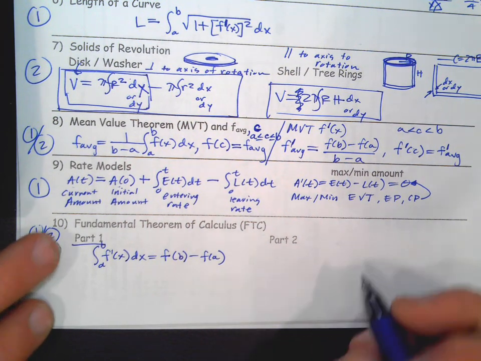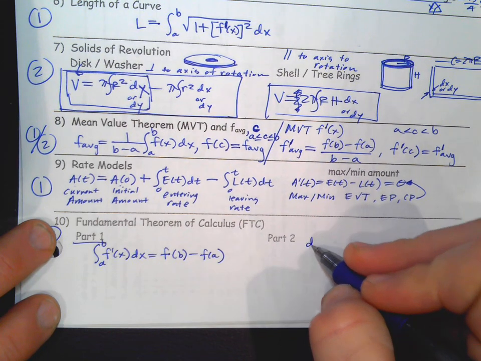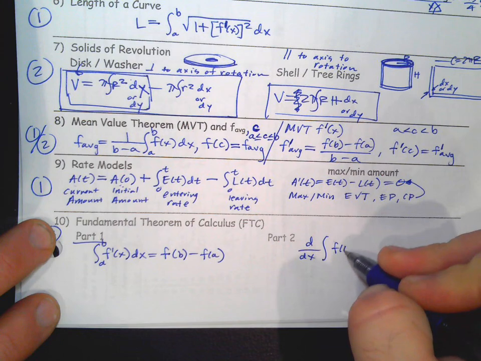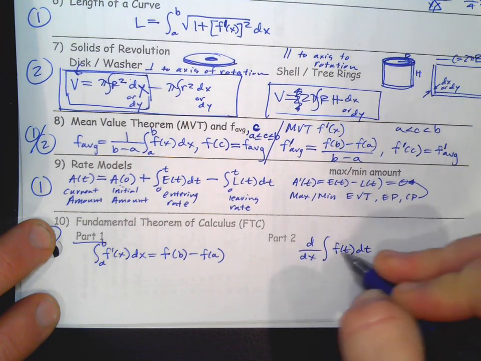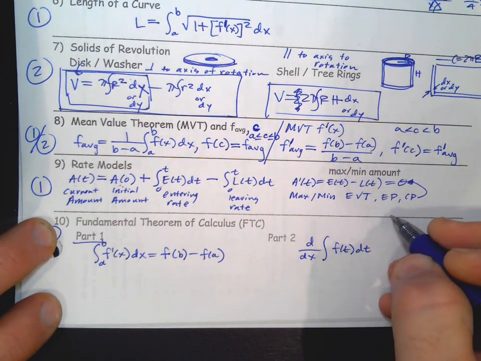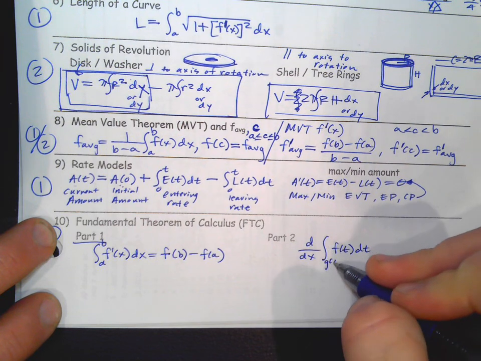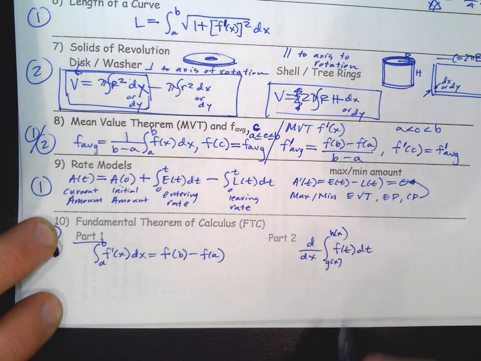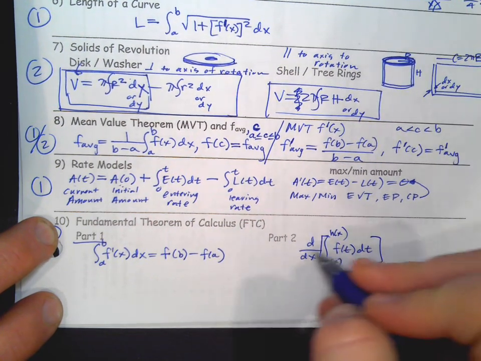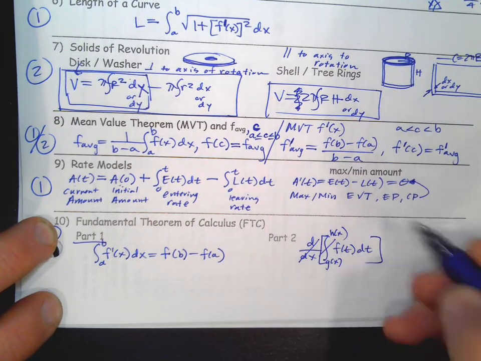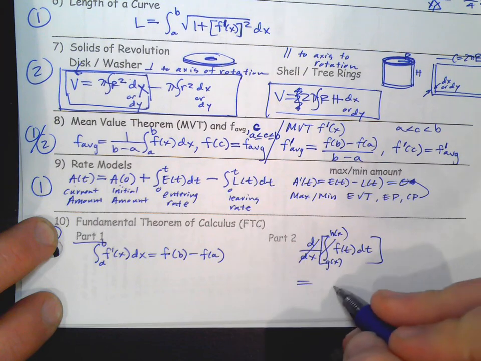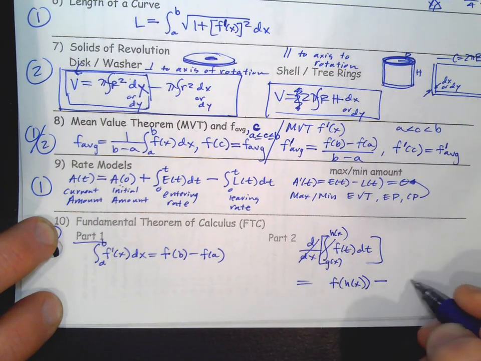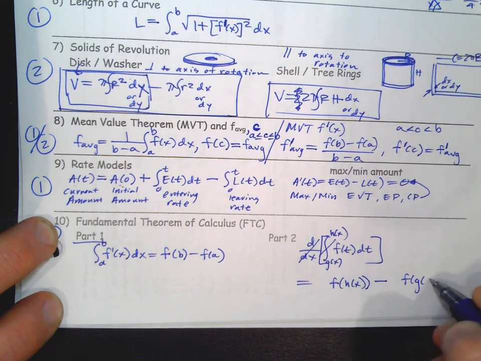Part 2 is when you take the derivative of an integral. We usually put a different variable in here than what's in the limits, and there are usually expressions or functions in the limits. What happens is the derivative undoes the integral, and then you can just plug the limits in, top first, bottom second, but leave some space.